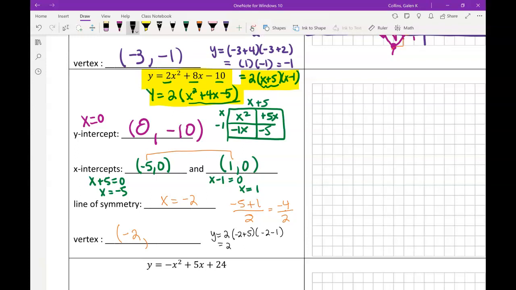So that is 2 times 3 times negative 3. And 2 times 3 is 6, and 6 times negative 3 is negative 18. So our vertex is at (-2, -18).